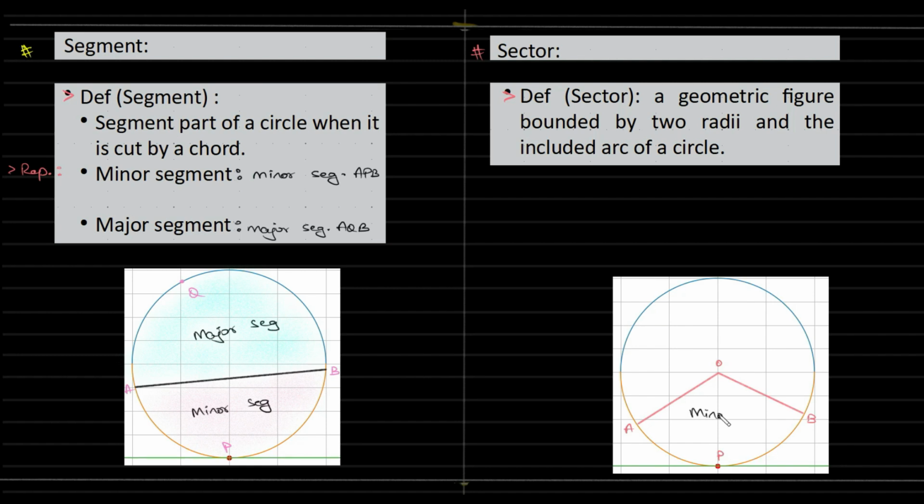So this is your minor sector, and this is your major sector.